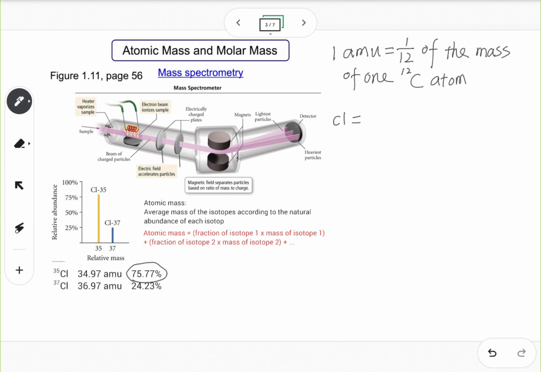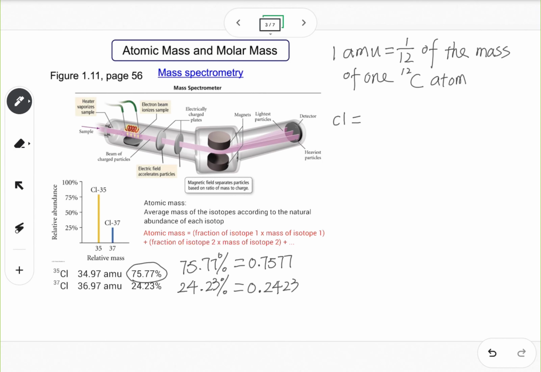In other words, 75.77% equals 0.7577, and 24.23% actually has the value 0.2423.